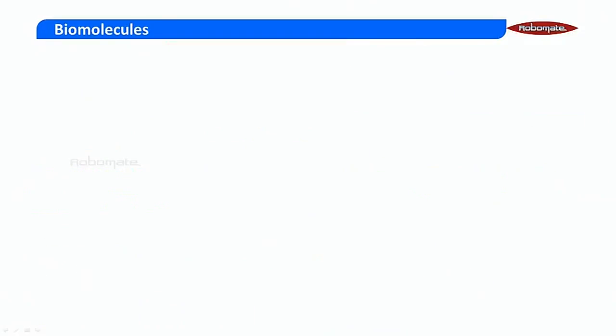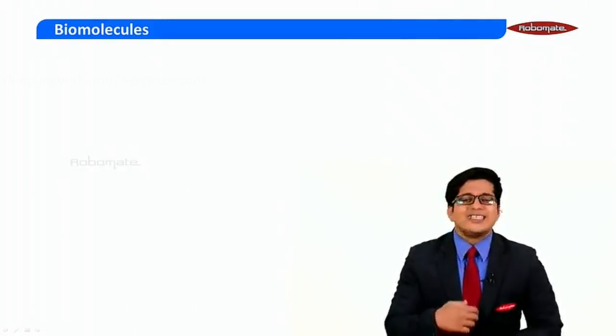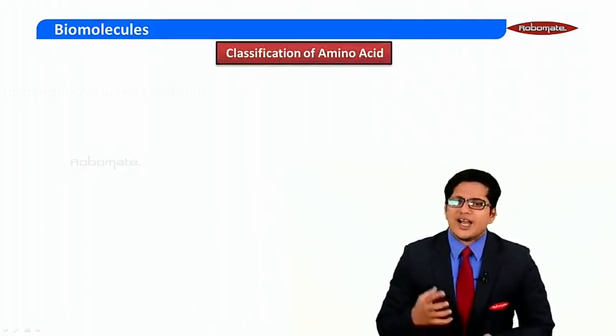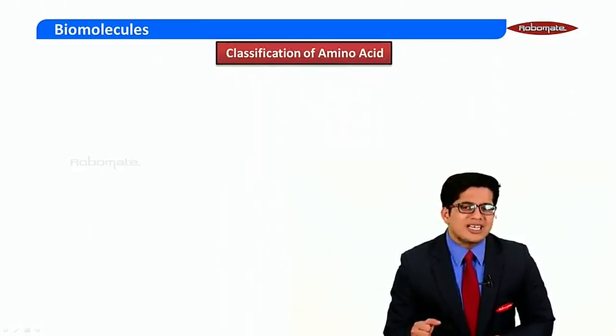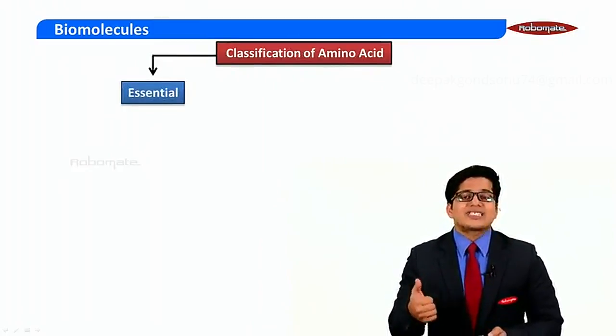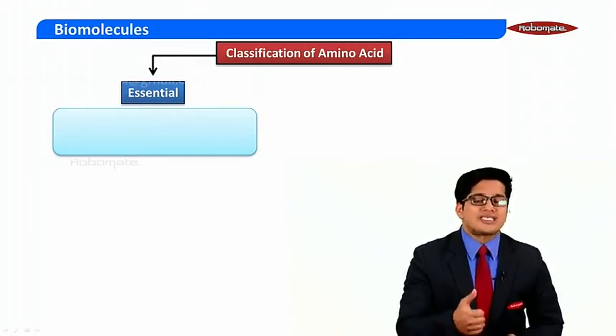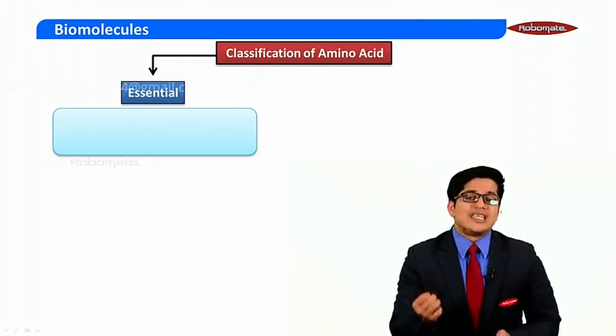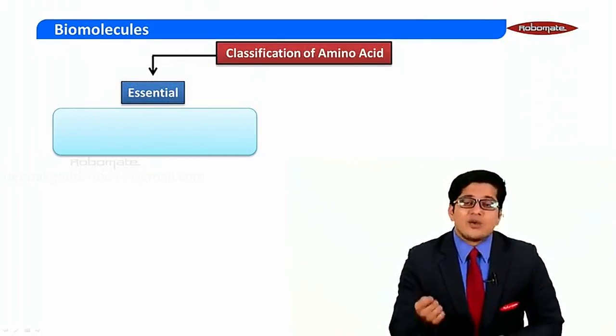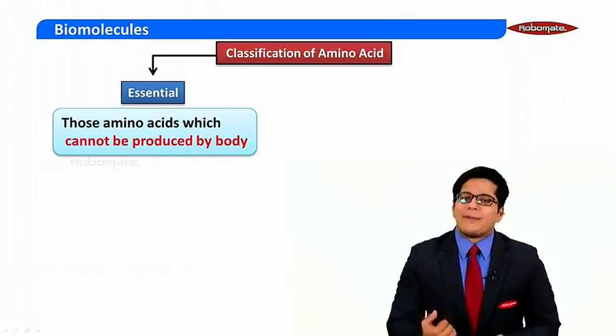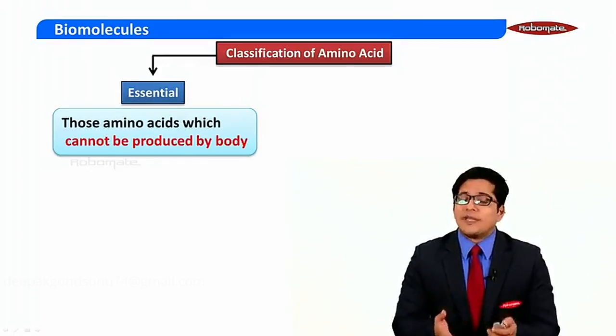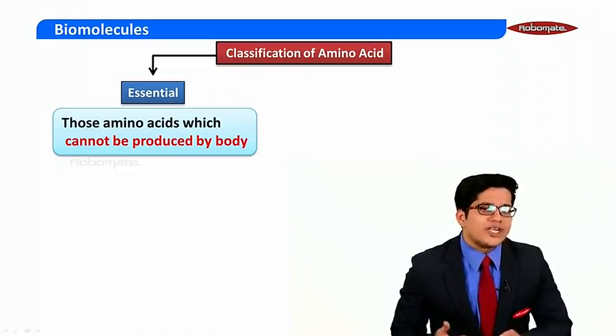Let's now go further and discuss the next categorization. Amino acids can also be classified as essential and non-essential. What are essential? These are the amino acids which are required by the body but cannot be produced inside the human body.